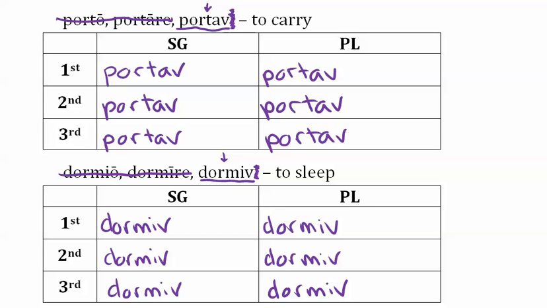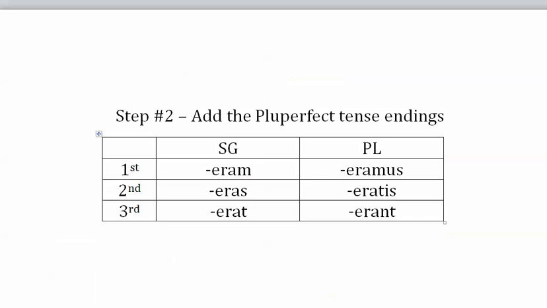Now we have the correct stem to form the perfect or the pluperfect tense. But today we're focusing on pluperfect, so let's check out those endings. Here are the pluperfect tense endings. Eram, eras, erat, eramus, eratis, erant. They may look familiar to you. That is because they are the imperfect tense of esse.